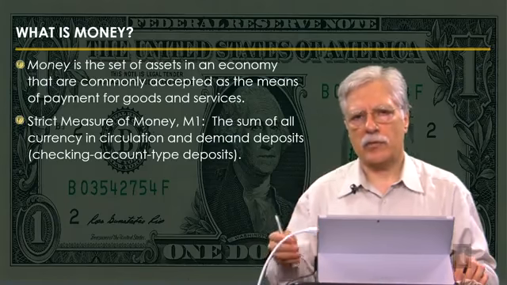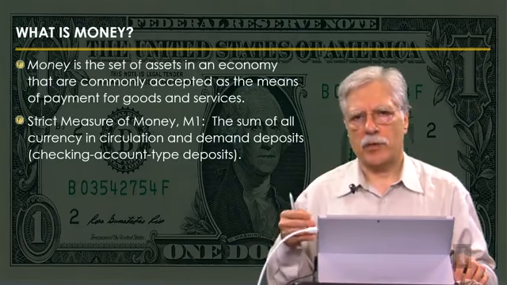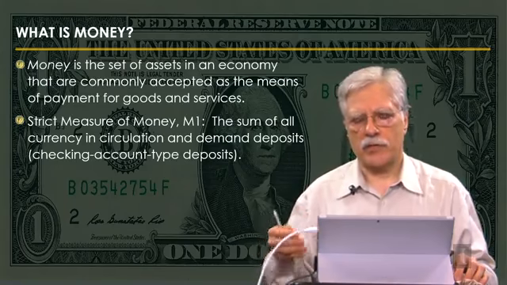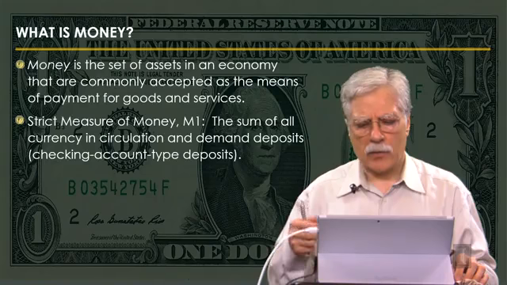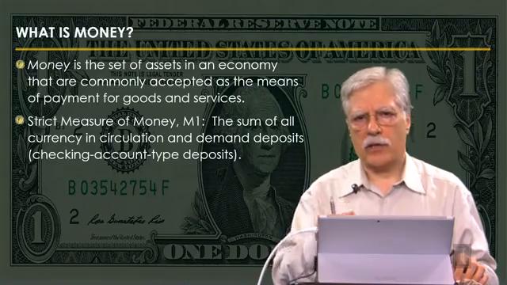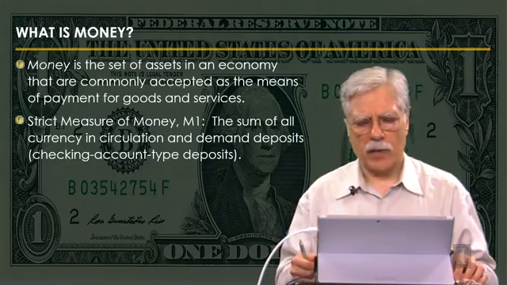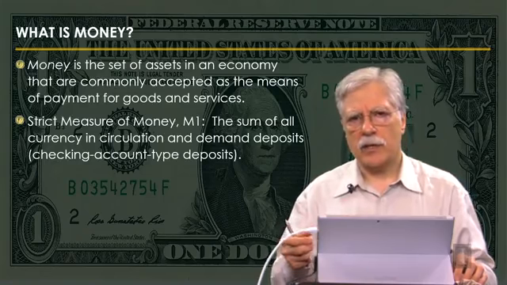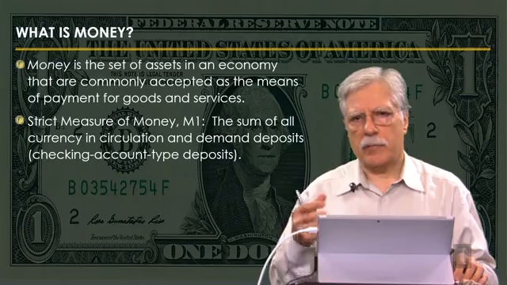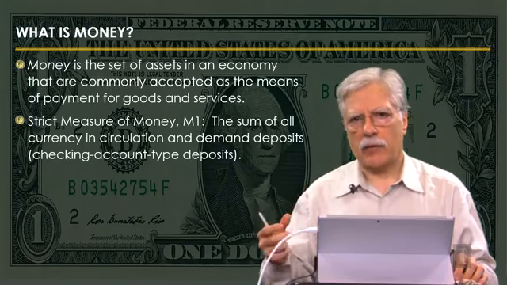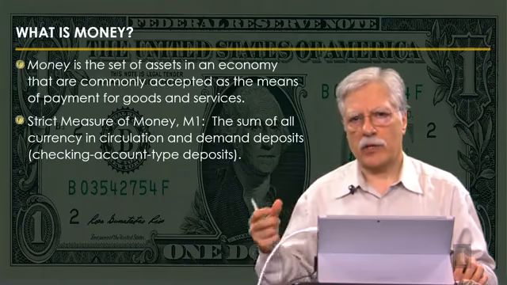You might say that actually nowadays people use their credit cards to pay for the goods and services they purchase. And that's not part of this currency in circulation and demand deposits, but actually it is. Credit cards represent the money in the checking account of the credit card company.